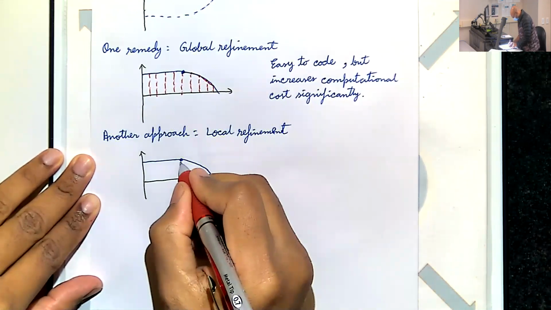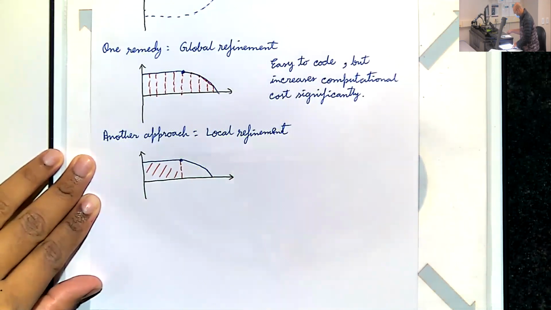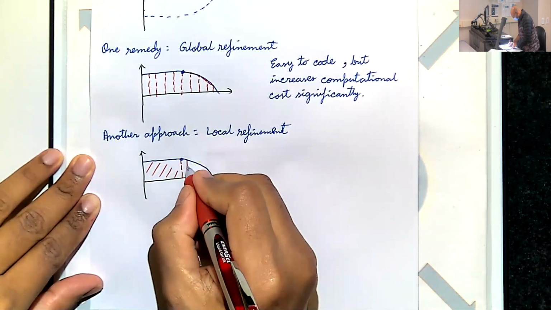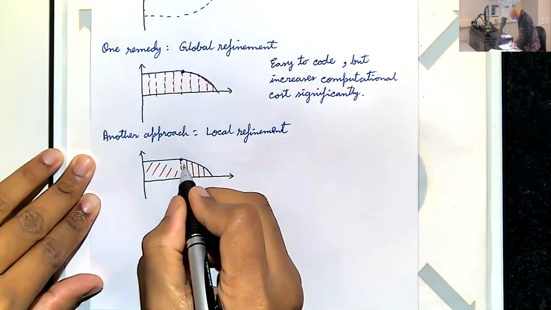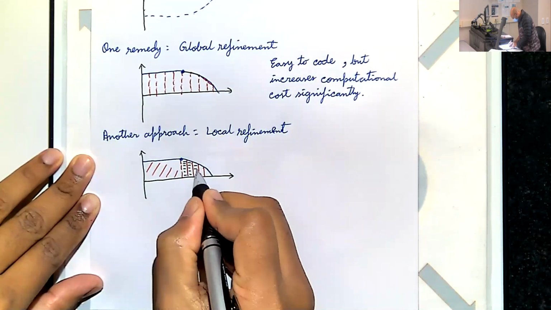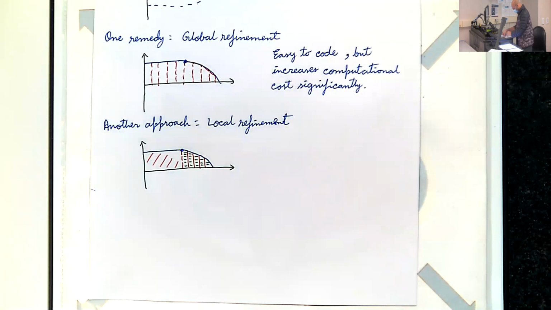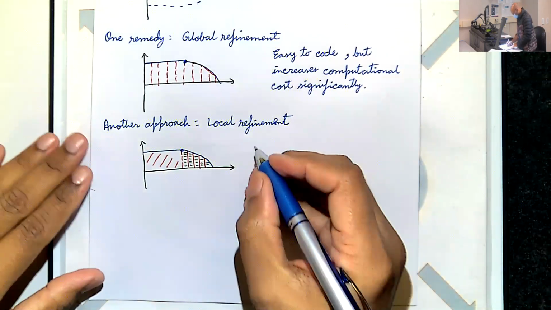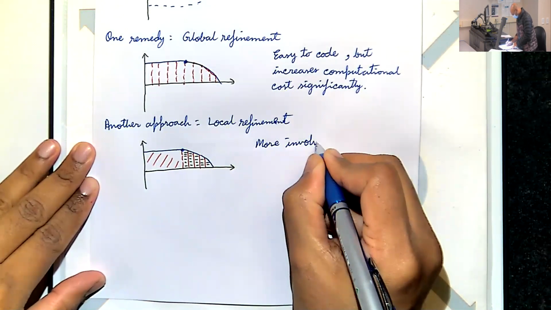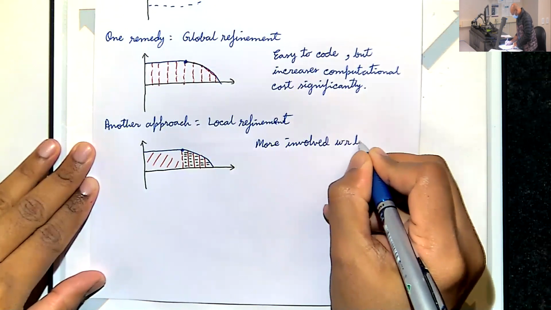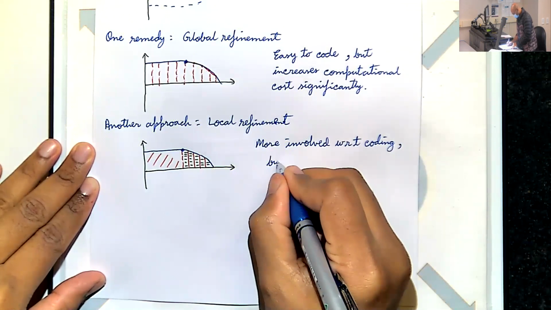So the rectangular part we leave as one subinterval, but the curved part we break up into many subintervals here. This approach is more involved with respect to coding, but it is computationally efficient.